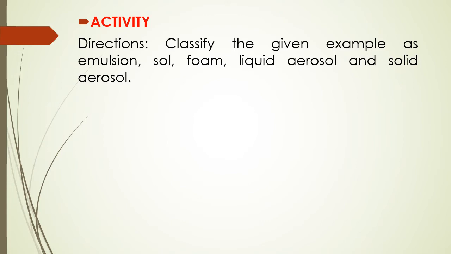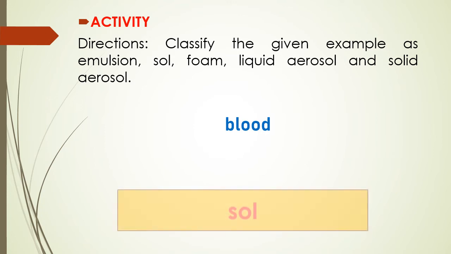Okay, next we have another set of directions here. Classify the given example as emulsion, sol, foam, liquid aerosol, and solid aerosol. First example is blood. What is it? Is it an emulsion, sol, foam, liquid aerosol, or solid aerosol? You are correct. It's a sol.